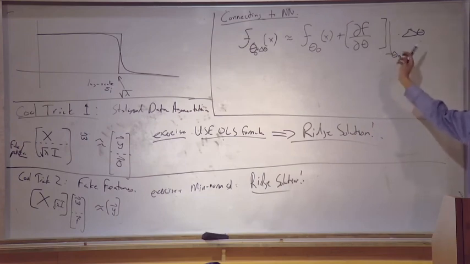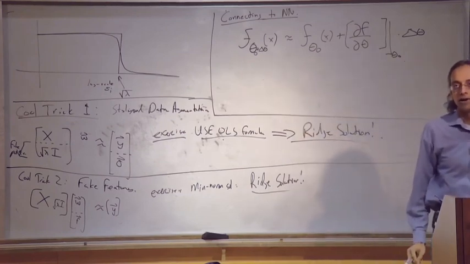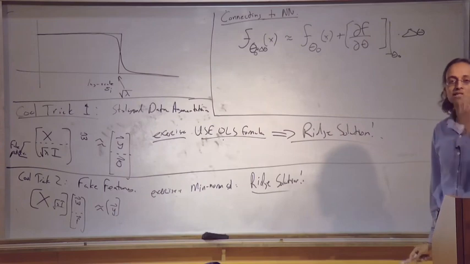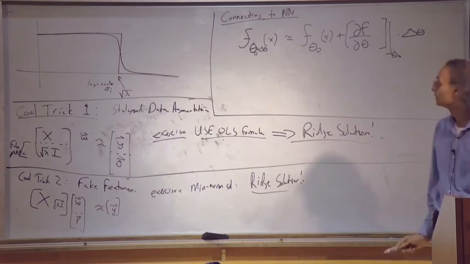See that? Just a first order approximation to the function that we're learning. Why is this okay? Because I'm just going to be taking gradient steps, small steps, so I only care what happens in the neighborhood.